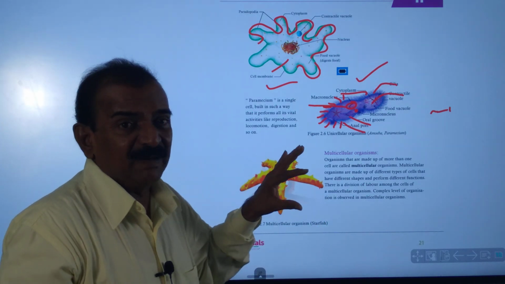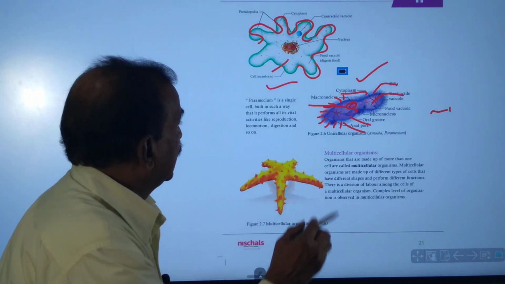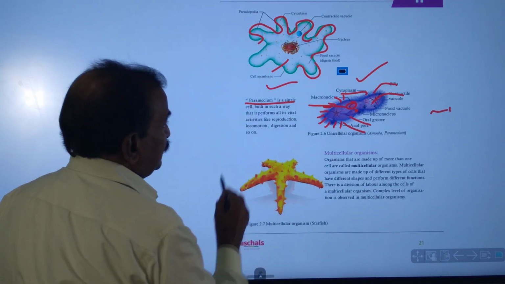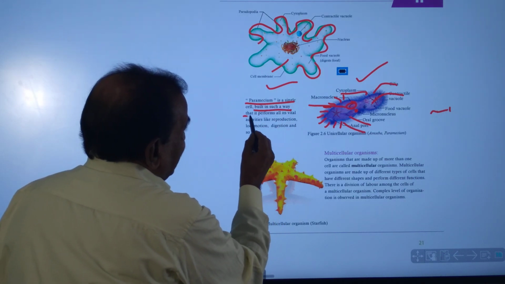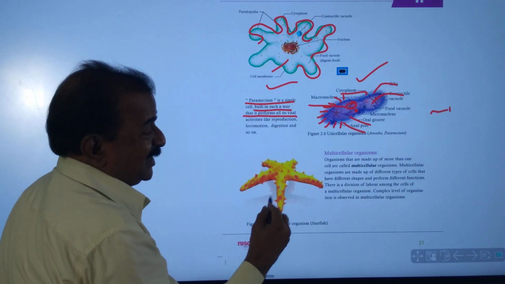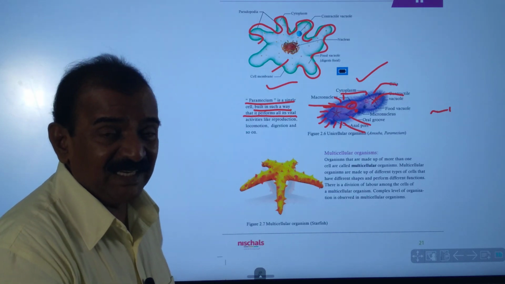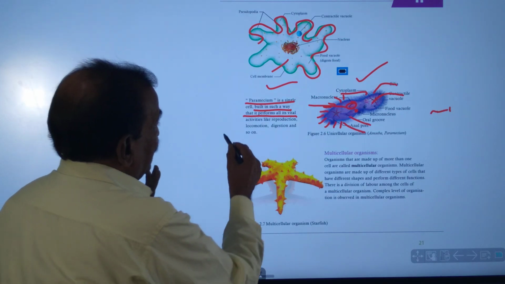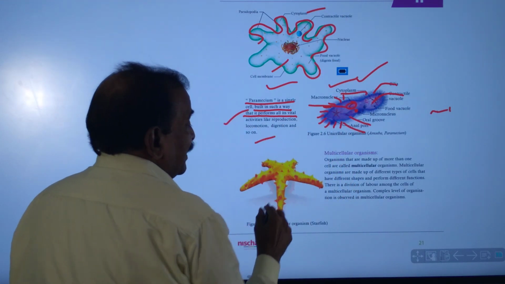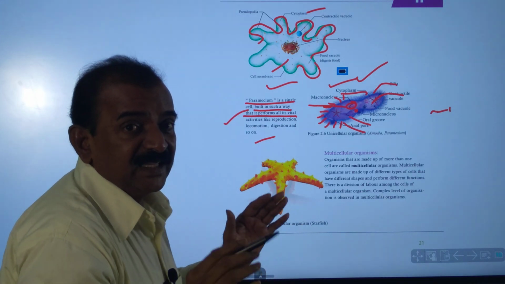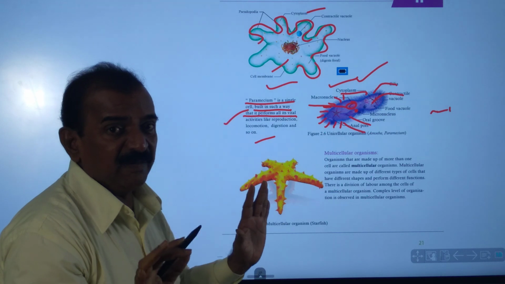It moves in the water by means of cilia, so cilia are the locomotor organs. Paramecium is a single cell built in such a way that it performs all vital activities: nutrition, respiration, transportation, and reproduction. Many life processes are performed by this single-celled organism, and they belong to the phylum Protozoa. They are unicellular organisms, for example amoeba and paramecium.